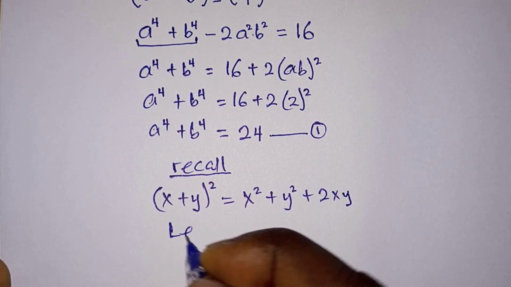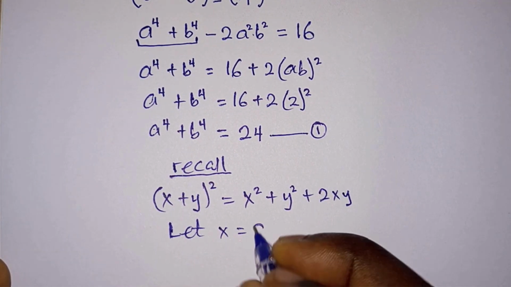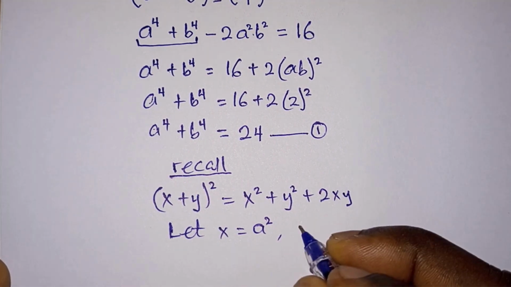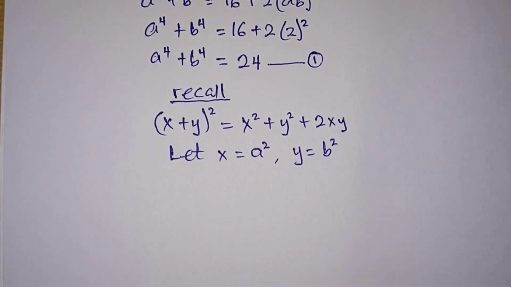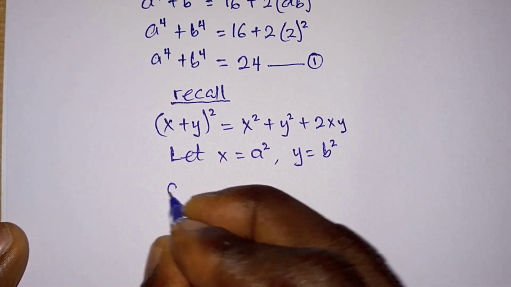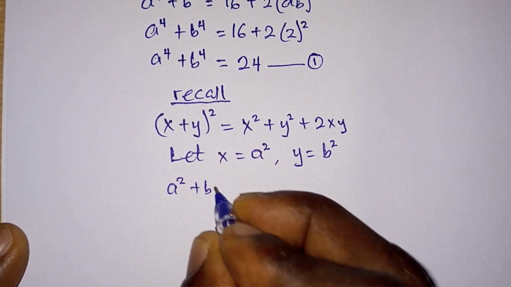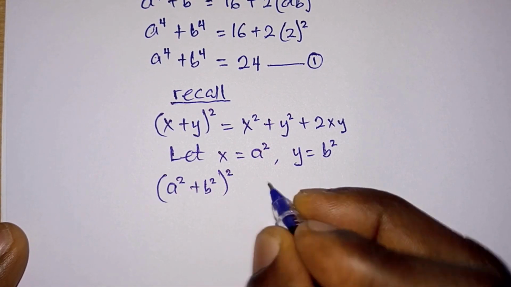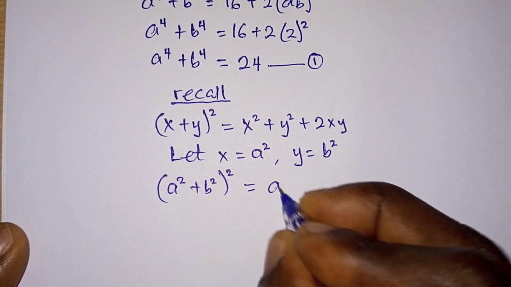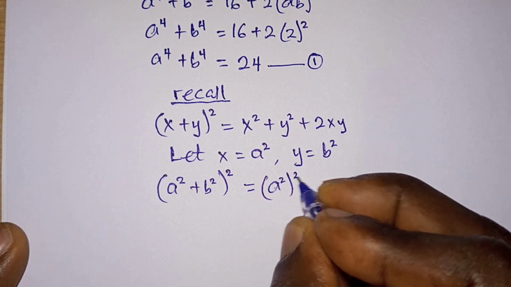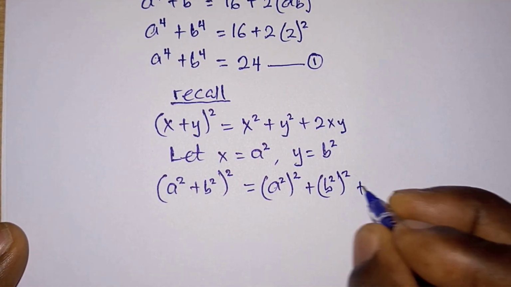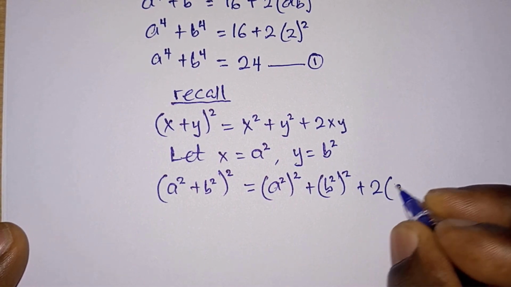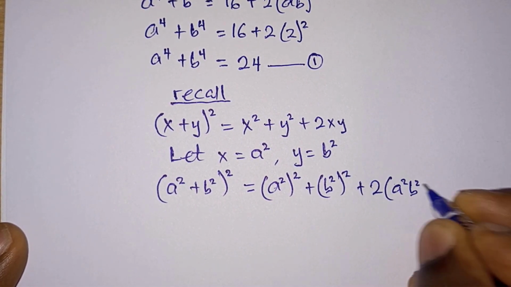Then we will let x equal to a to the second power and y equal to b to the second power. So this equation becomes a squared plus b squared all squared is equal to a squared all squared plus b squared all squared plus 2 times a squared b squared.